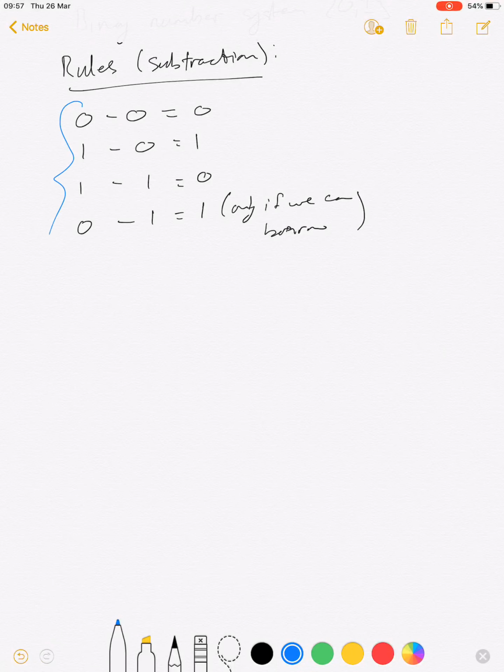Once we understand these rules, it's relatively straightforward. So let's take a few very simple examples.